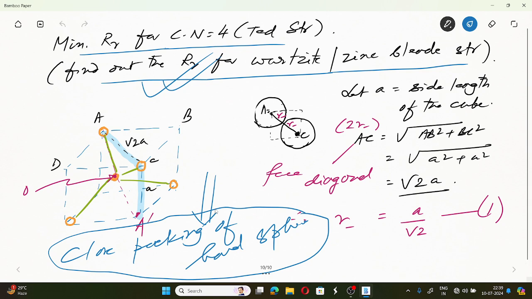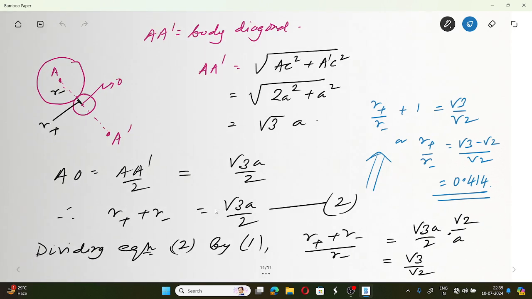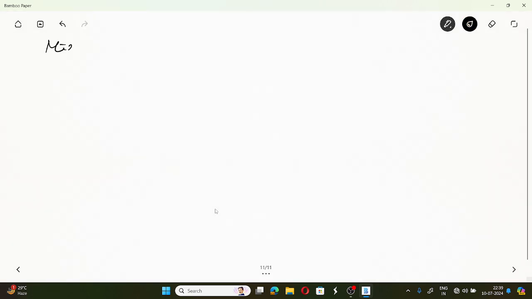Now next we come to coordination numbers, or rather radius ratio. Minimum radius ratio for coordination number equals 6. So minimum radius ratio for coordination number 6, that means octahedral geometry.